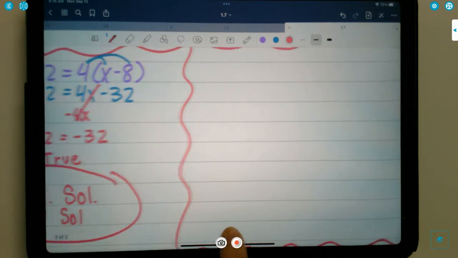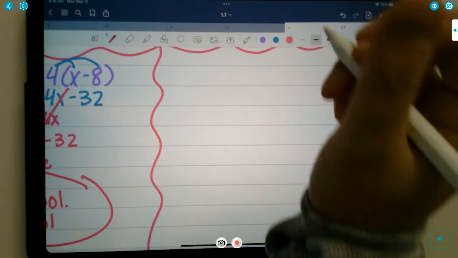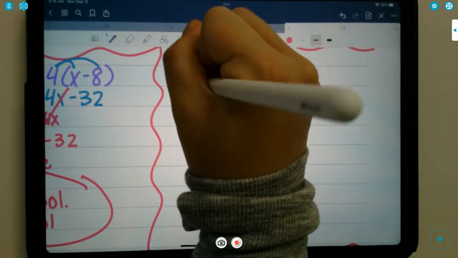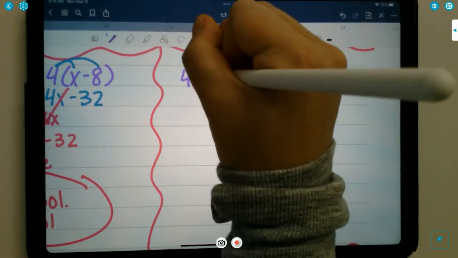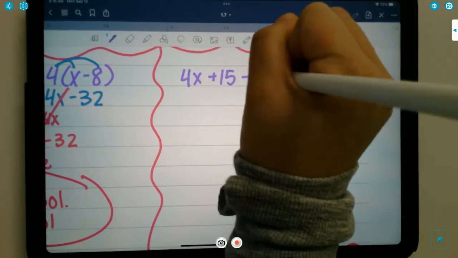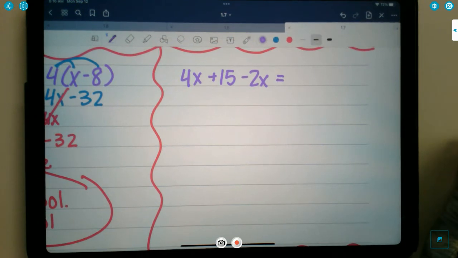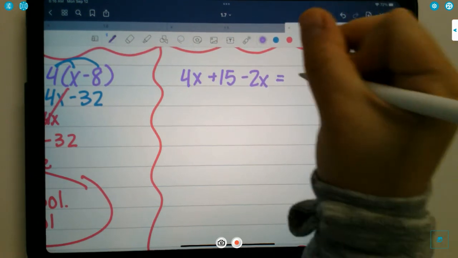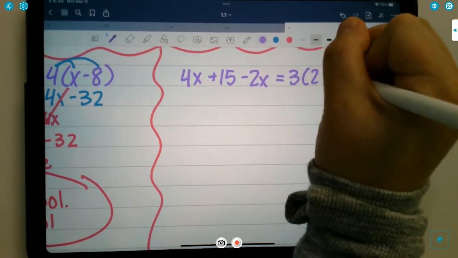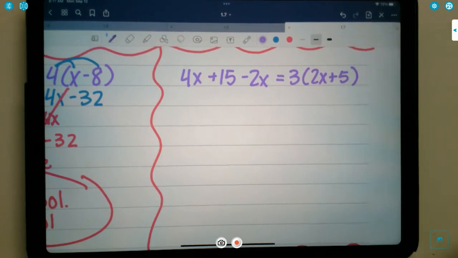Okay, last problem I've got for you guys is 4x plus 15 minus 2x equals 3 times the quantity 2x plus 5. In this one, we're going to need to combine like terms on the left, and we're going to need to distribute on the right.